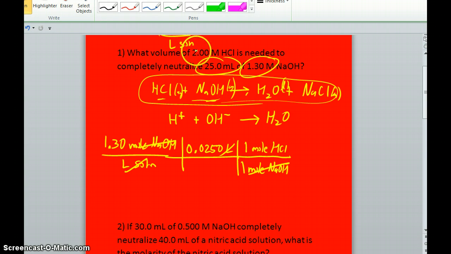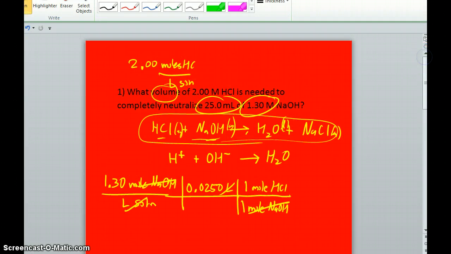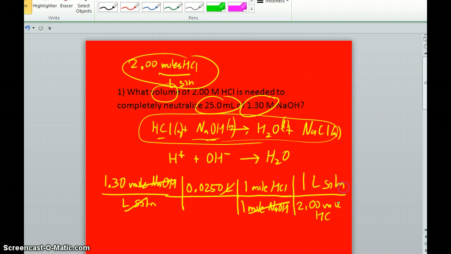And the question says, what volume do you need? And that's not a problem, because I know the molarity of the acid solution, and molarities let me convert from moles to volumes, or volumes to moles. So all I do is use that molarity right now. Namely, there are 2 moles of HCl in every liter of that solution. And this gives me the volume needed to neutralize all this sodium hydroxide.